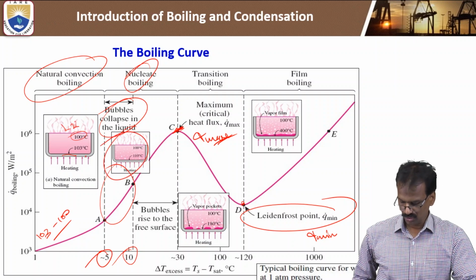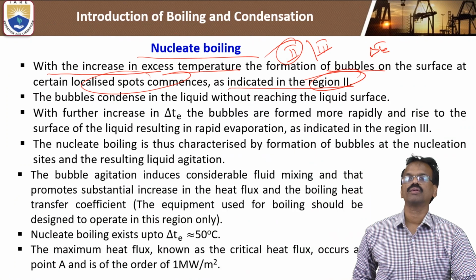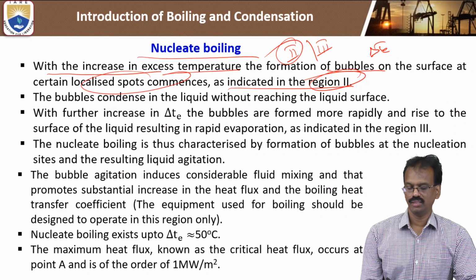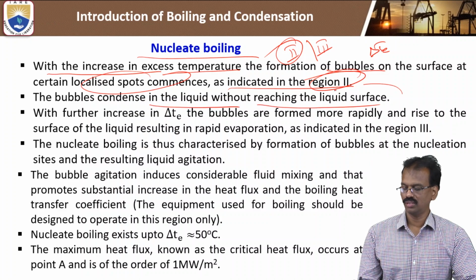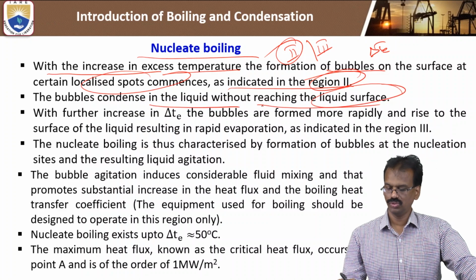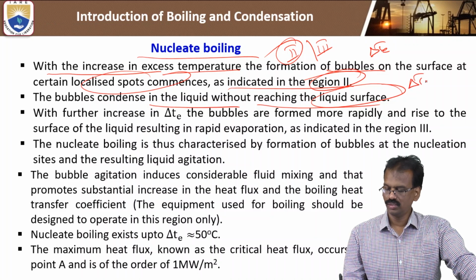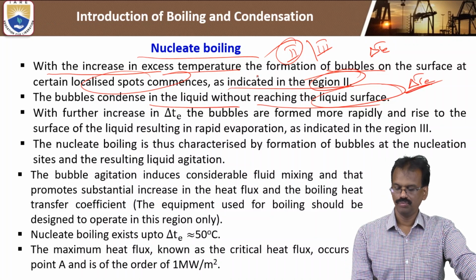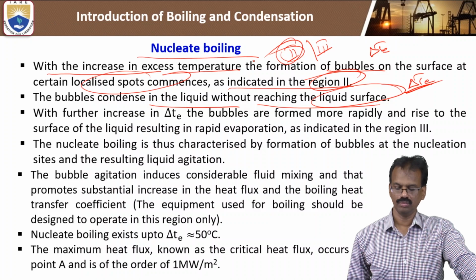So bubble formation we'll see. The bubbles condense in the liquid without reaching the liquid surface due to the low delta Te in phase 2. It means in nucleate boiling there are phase 1 and phase 2.